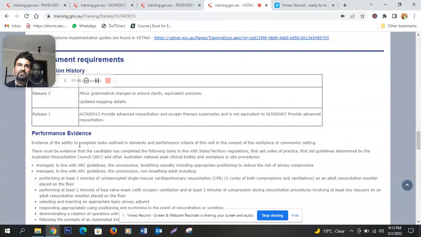Say, for example, if you have to perform a practical or ask students something, performance evidence can tell you at this stage how many times it is required to observe those things, because sometimes one is enough, sometimes three are not enough. Depending on the minimum criteria, it will always say at least that number. And obviously if you want to repeat a couple more times, you can do that.